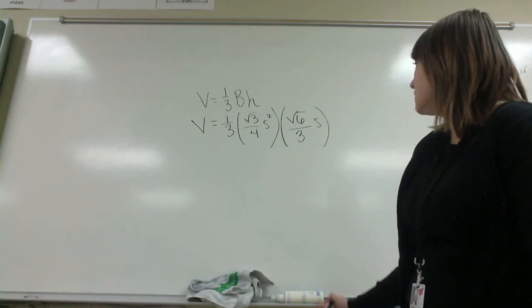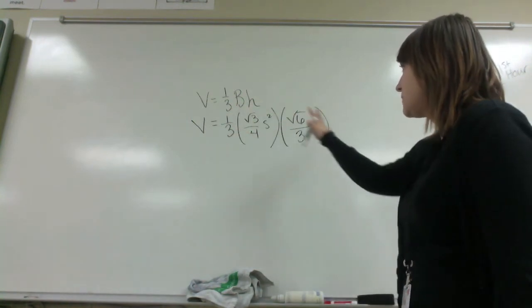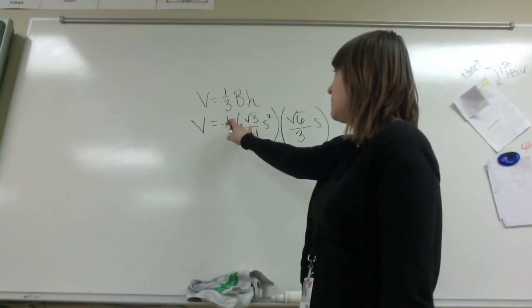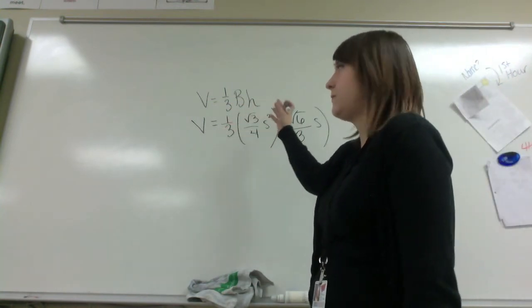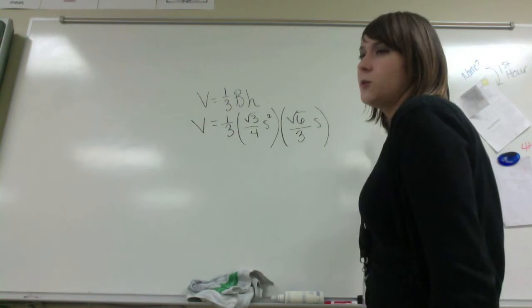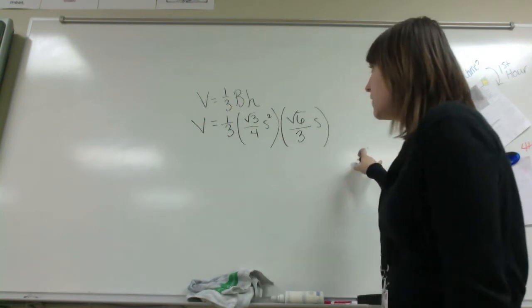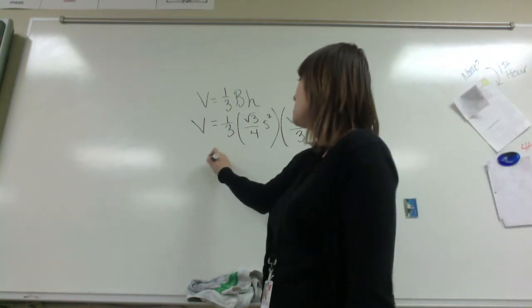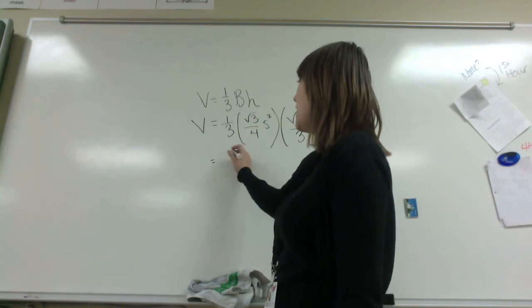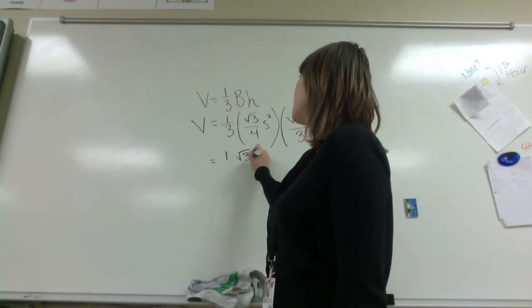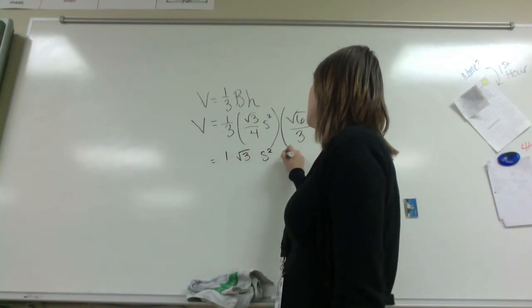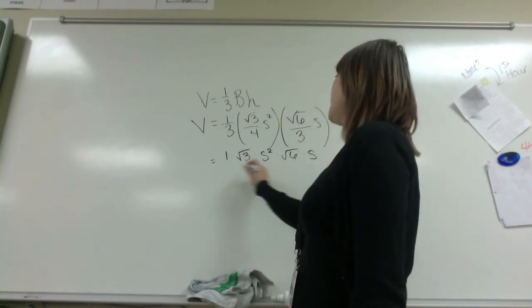Okay, so if I multiply this stuff out, remember that you can think about all this stuff as everything in the numerator gets multiplied, everything in the denominator gets multiplied. So in the numerator, I'll have 1, square root 3, s squared, square root 6, and s.